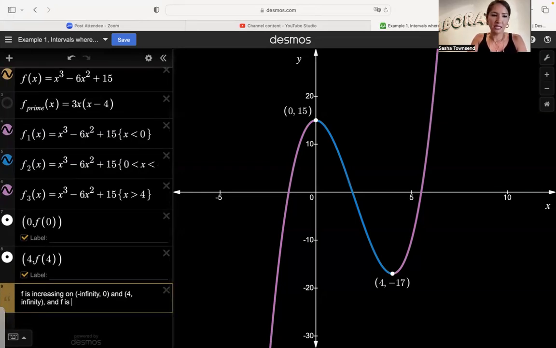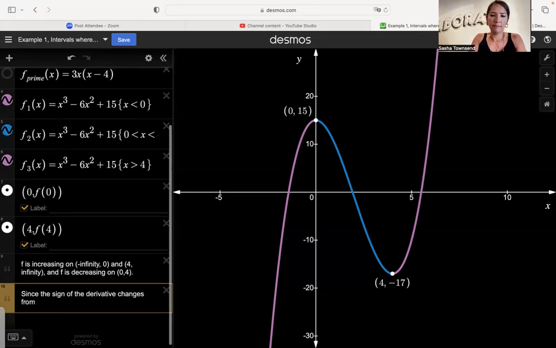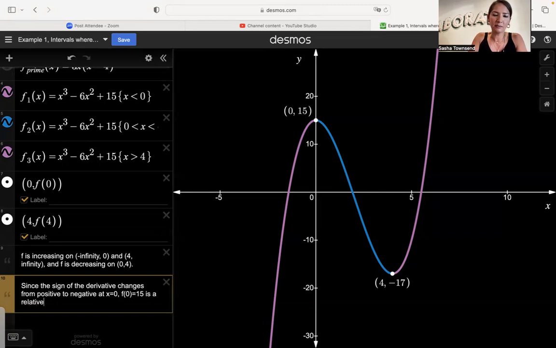And f is decreasing on the interval from 0 to 4. Okay, and then since the sign of the derivative changes from positive to negative at x equals 0, the function's increasing, then it has a 0 slope, and then it's decreasing. f of 0, which is 15, is a relative maximum of the function.